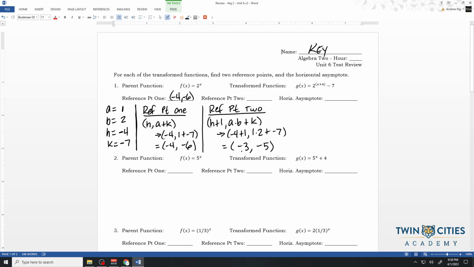So reference point 2 is negative 3, negative 5. And lastly, the horizontal asymptote. This is always y equals k. So I have a horizontal asymptote at y equals k, which is negative 7.